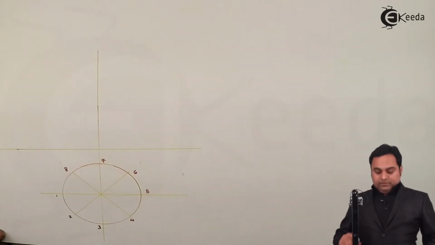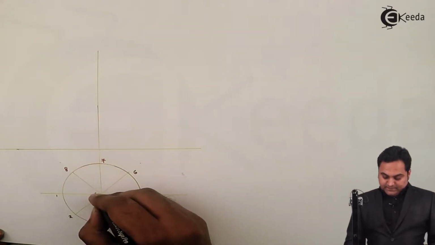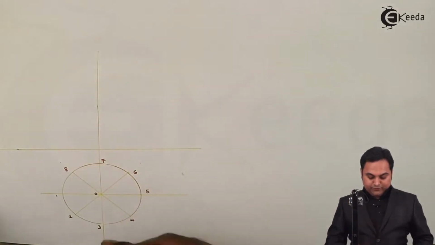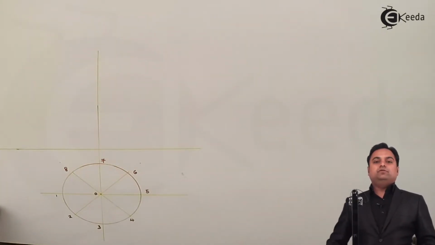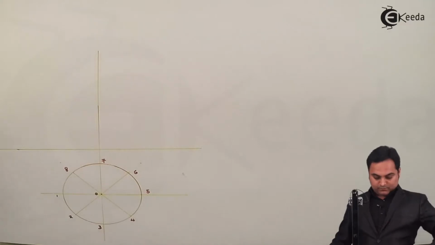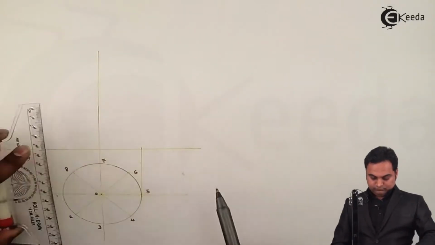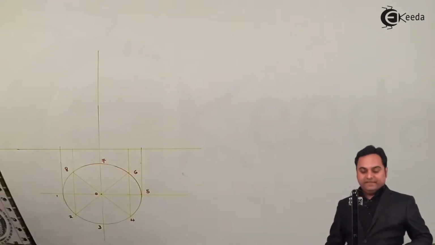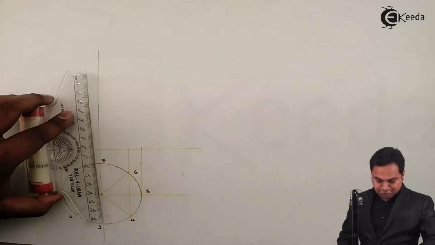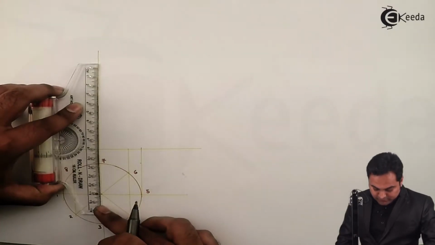Next, here is the apex point O, which appears as a point from the top view. Now I have to draw the front view for this cone, which is a triangle. The height of the cone is 90 mm given. So I'll measure 90 here.